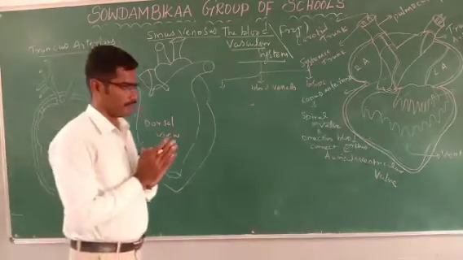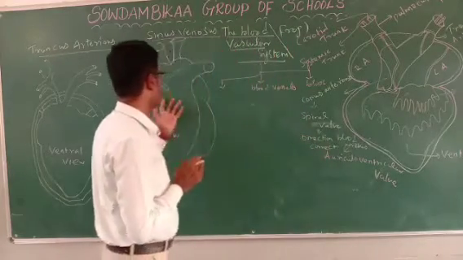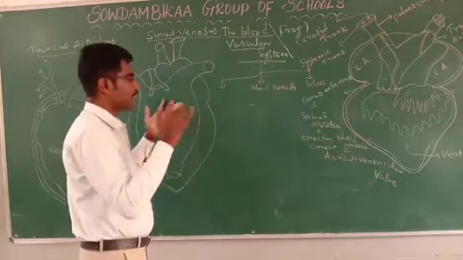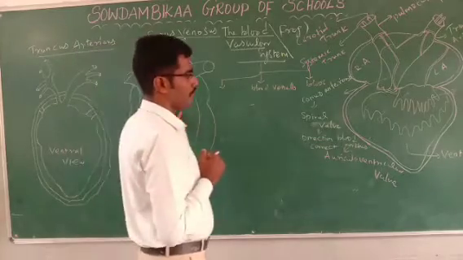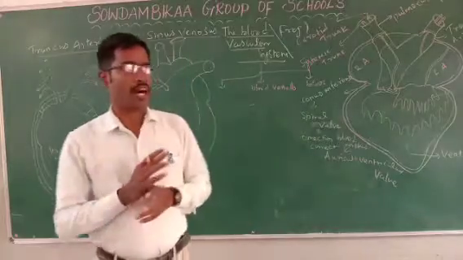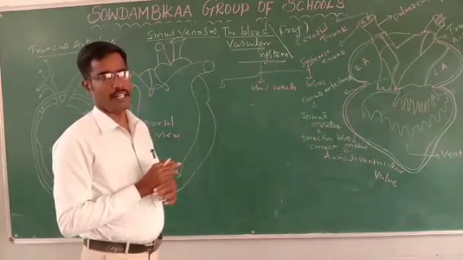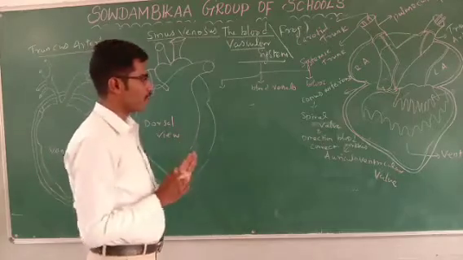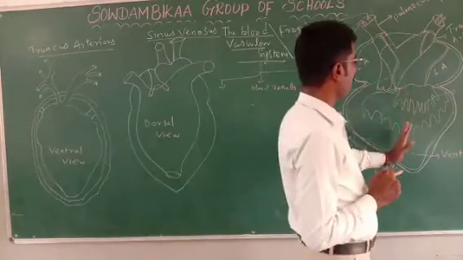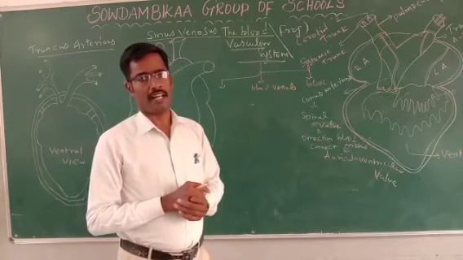Two aortic arches arise from the ventricle side, from the truncus arteriosus: one is right and another one is left.